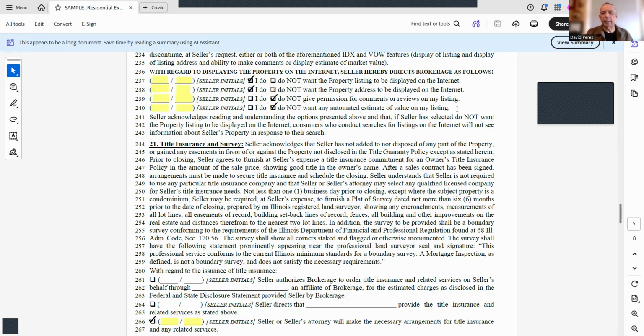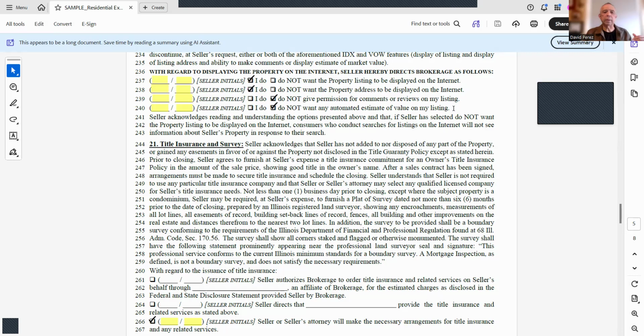The other thing I don't recommend is that you allow automatic estimates of value on your listing. That's when there's a calculator that comes up on the listing, and it allows the viewer to plug in the numbers, and that particular calculator will not work the same as all the others. Each brokerage, each company has its own calculator, and every one of them calculates differently.